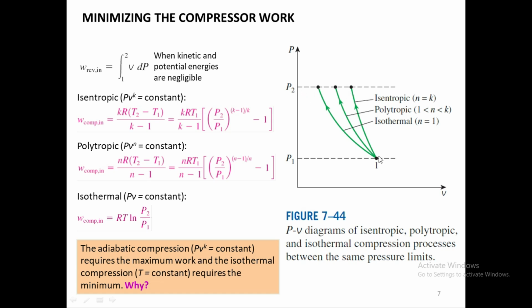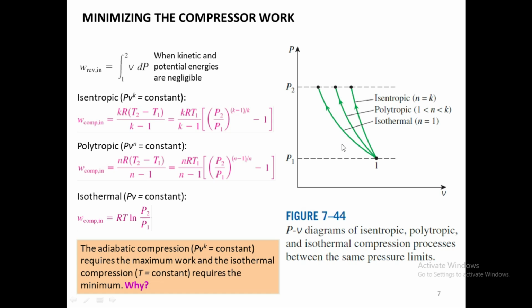So as you can see, the isentropic work is the highest work required, polytropic is the second one, and isothermal is the best one. So if we can compress the gas going from state 1 to the final state 2, from P1 to P2 isothermally, that is without increasing its temperature, then we will have the lowest amount of energy required by the compressor. But as you know, we cannot do that.